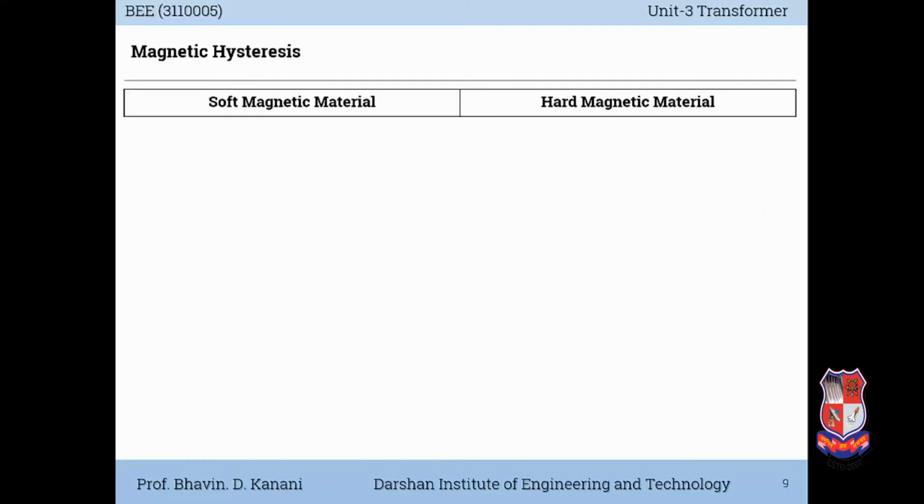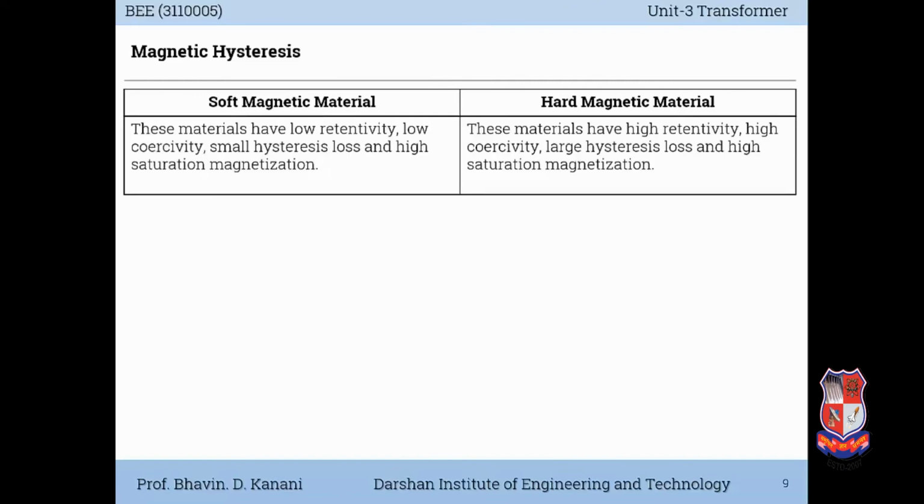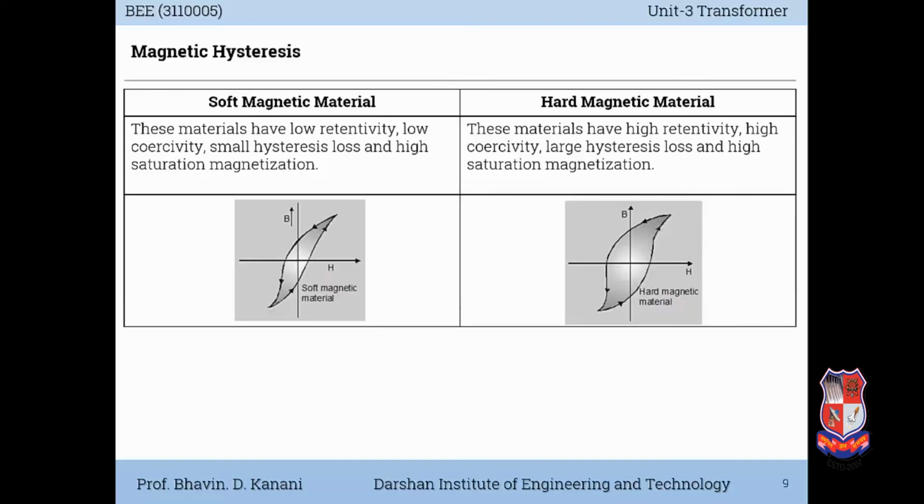Now a small comparison between soft magnetic material and hard magnetic material, because the magnetic materials are also classified in these two ways. Soft magnetic materials have low retentivity, low coercivity, small hysteresis loss and high saturation magnetization. Whereas hard magnetic materials have high retentivity, high coercivity, large hysteresis loop and high saturation magnetization.